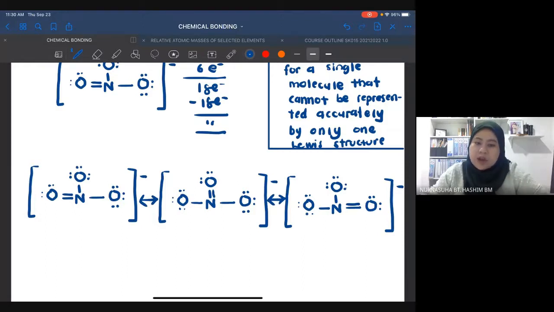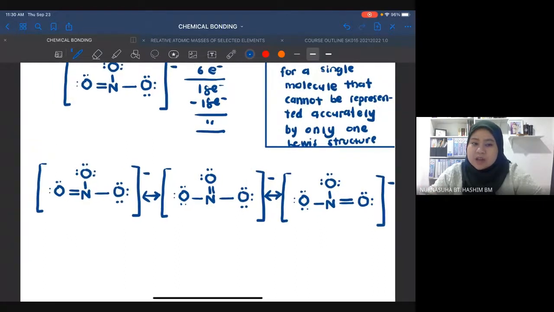Okay, so tengok anak panah yang madam guna, anak panah tu anak panah patah balik ya. So maksudnya the structure, the double bond can be transferred around. Okay, as long as the surrounding atom is the same. Okay, as long as itu syarat dia, surrounding atom sama. So maksudnya kat sini double bond kat sini dia akan bergerak pergi sini.